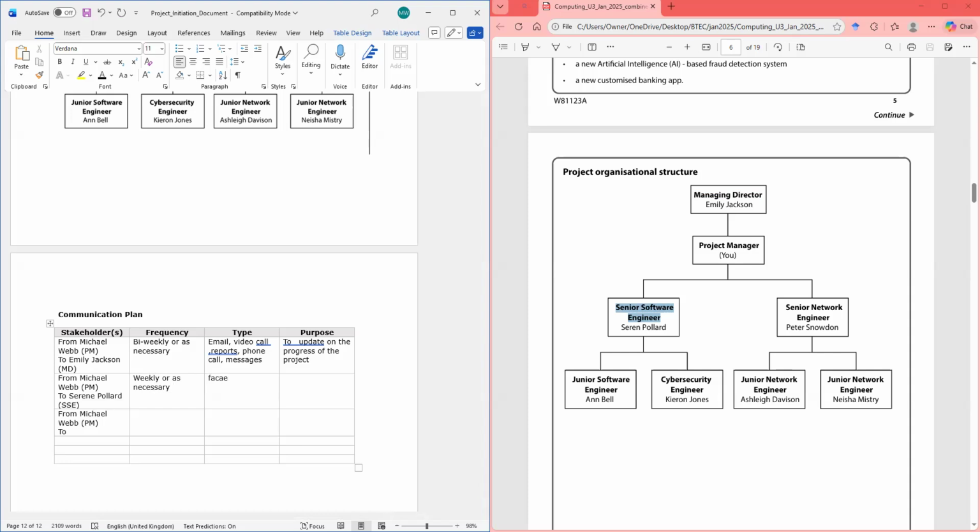Face to face, messages, bulletin boards, and morning huddles.